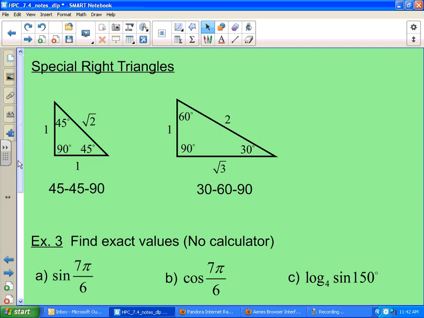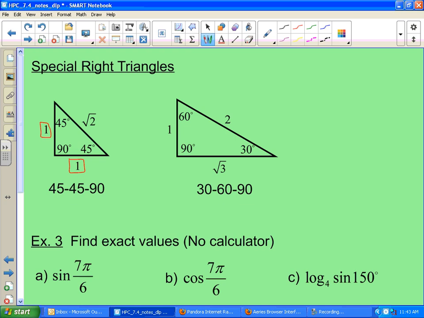So in the first one, it's an isosceles triangle, a 45, 45, 90, which means that the legs are going to be the same, and then the hypotenuse is going to be something bigger than the legs. Now, these are probably your most common relationships, 1, 1, and square root of 2. You could, however, change them, knowing that they're always in this proportion to one another.